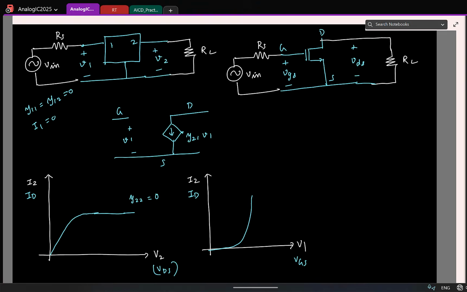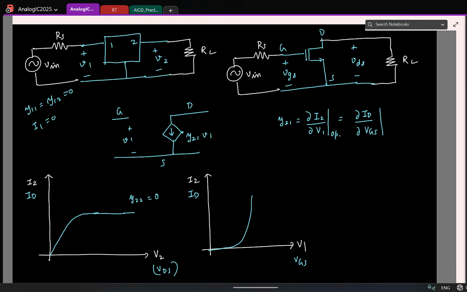Okay, and recollect, small signal Y21 is essentially the derivative of the second port current with respect to the first port voltage. I2 versus V1 is Y21, right? And this you evaluate at the operating point. For the MOS current, this essentially is the derivative of ID with respect to what voltage?